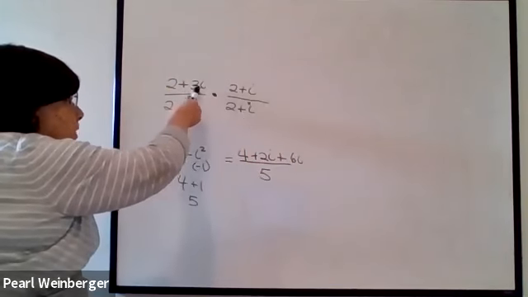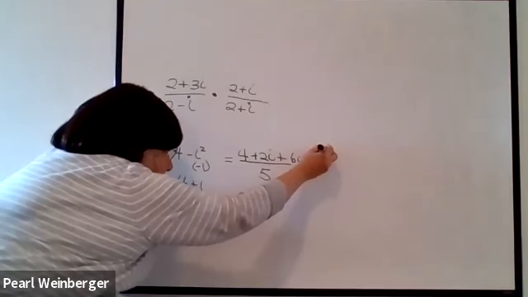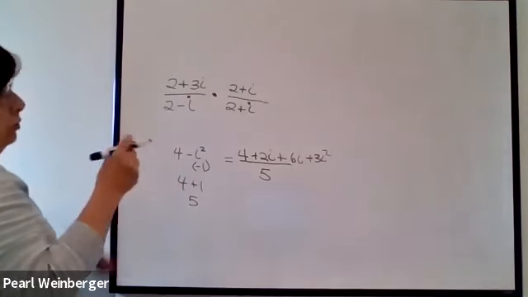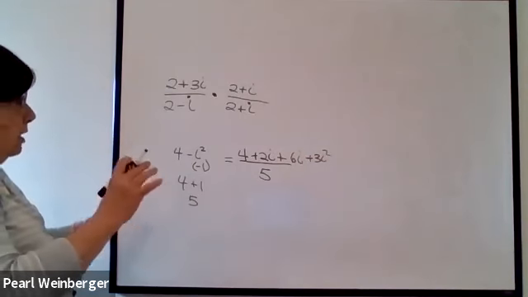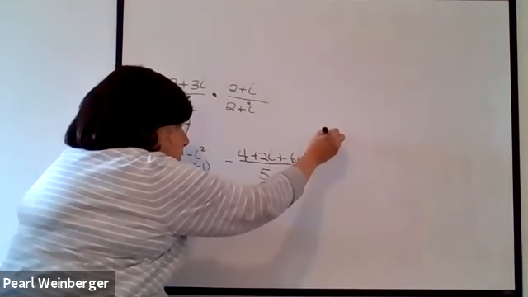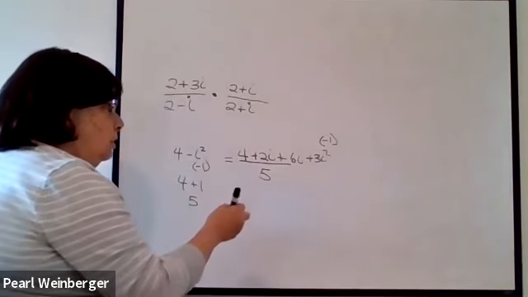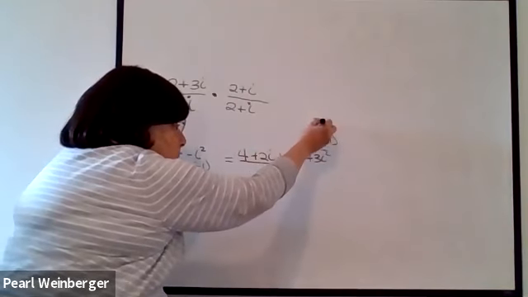And last, 3i times i, which is 3i squared. Just regular FOIL. Don't forget, 3i times i is 3i squared, and that i squared is now going to be replaced by -1. So this is going to be 3 times -1, which is -3.